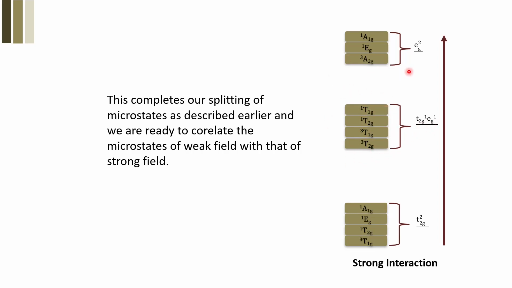And for Eg², we have 1 plus 1 plus 1 plus 2 plus 3, that is 6 possible arrangements. So we have been able to develop the idea of splitting from a very strong environment or strong interaction for a d² case in an octahedral environment.